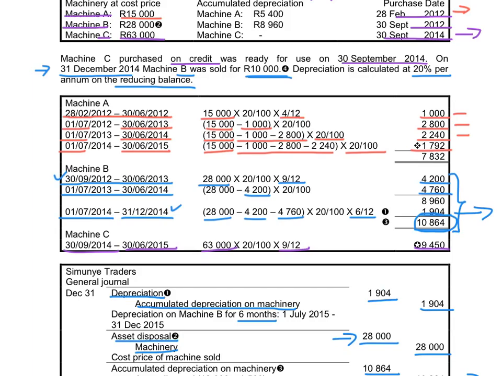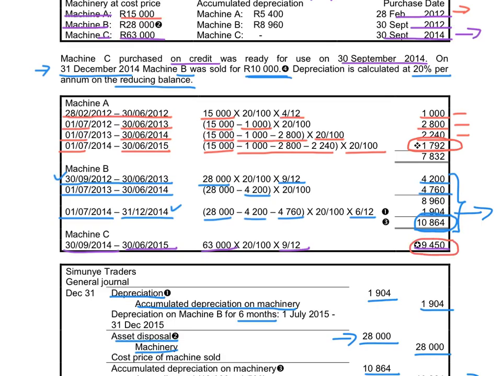At the end of the year, we have to write off depreciation on all the assets in our possession. We calculated that on machine A, the depreciation for the current year is 1,792, and on machine C, the depreciation is 9,450.